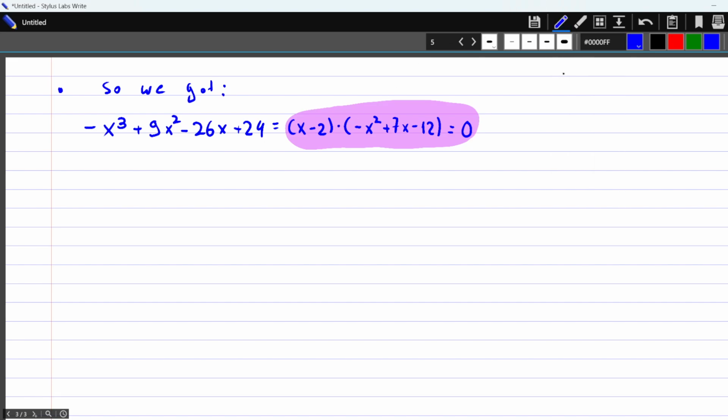From here we can say that either x minus 2 equals 0, which gives us the first solution, the first root of the equation f of x equals 0, which is x equals 2, which we have already found, and minus x squared plus 7 times x minus 12 equals 0.